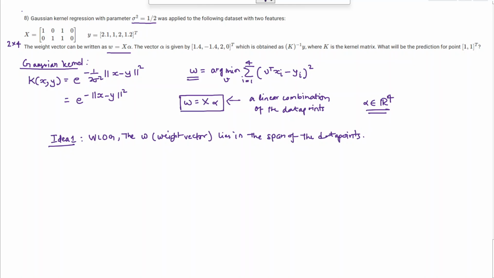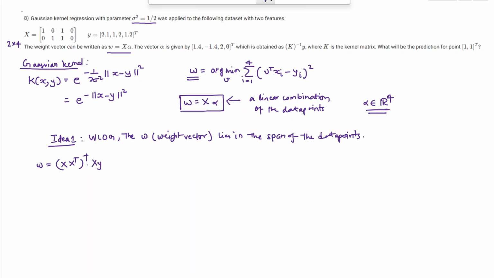Okay. Now there are ways to obtain alpha. We already know what w is. From the regression, from minimizing the least squares, we obtain w to be equal to (XX transpose) pseudo inverse multiplied by X times y. This is the w which minimizes the objective function, or the sum of squared errors.